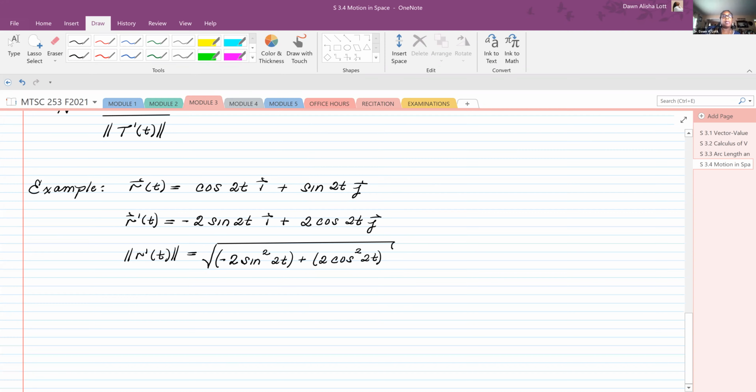I can pull out the 2, so I get 4 times sine squared of 2t plus cosine squared of 2t, and that's just the square root of 4, which is 2. So the length of r prime of t is 2.